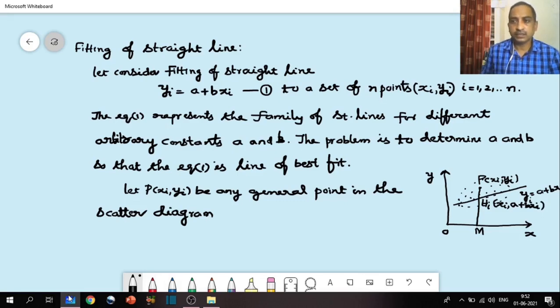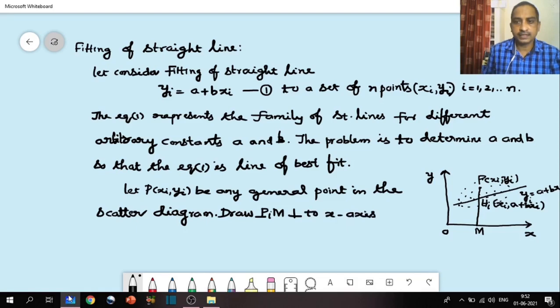So in the scatter diagram, draw P_i M perpendicular to x-axis, and meeting the equation 1 in H_i, that is (x_i, a plus b x_i).